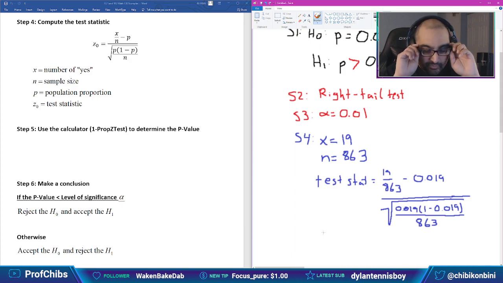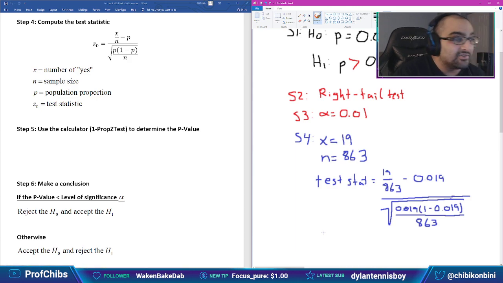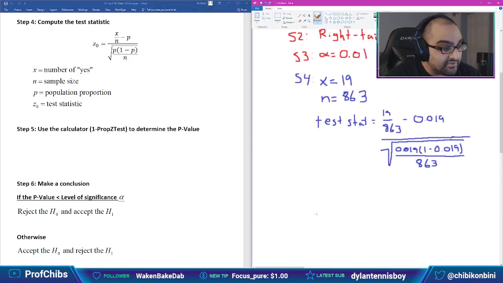It will be ugly and not so great. Instead, we're going to take an alternative approach to find this number. We'll have the calculator effectively do it for us. That's what we're going to do in step number 5.